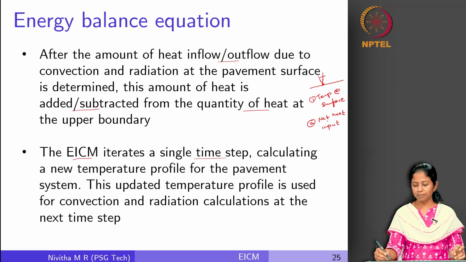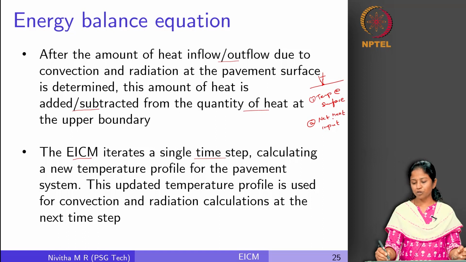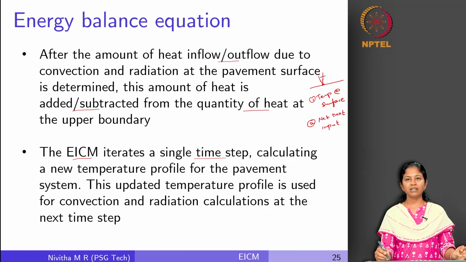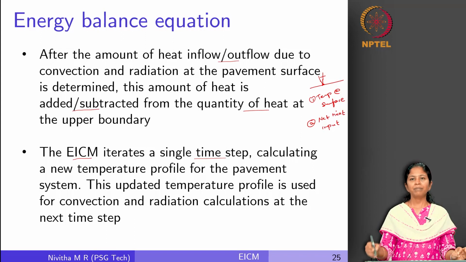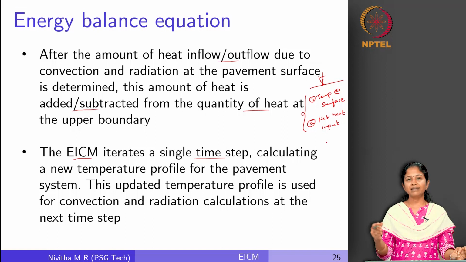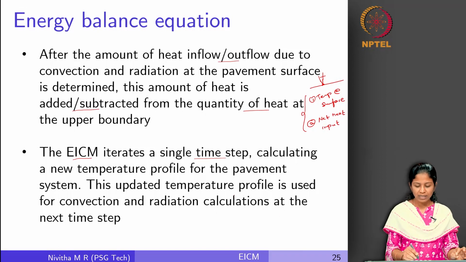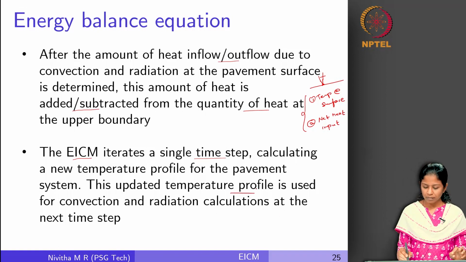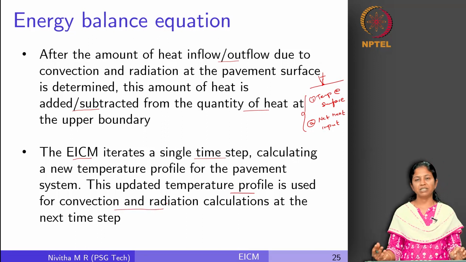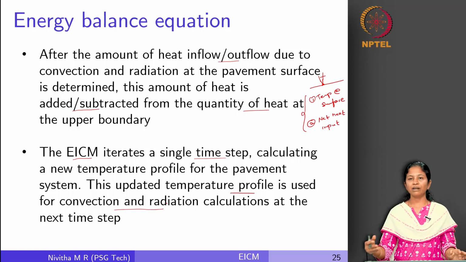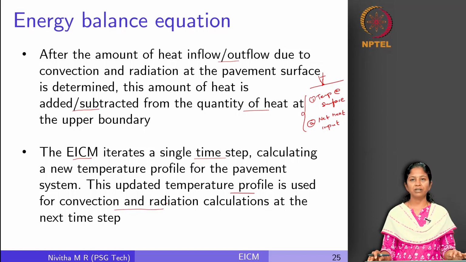So, the sum of these two parameters will give the temperature at the surface at the next time step, right. So, again at the next time step, both these parameters will be recalculated and so on. So, it is done at every time step. This updated temperature profile is used for convection and radiation calculations for the next time step. So, subsequently it goes on, and that is how the temporal variation is calculated.